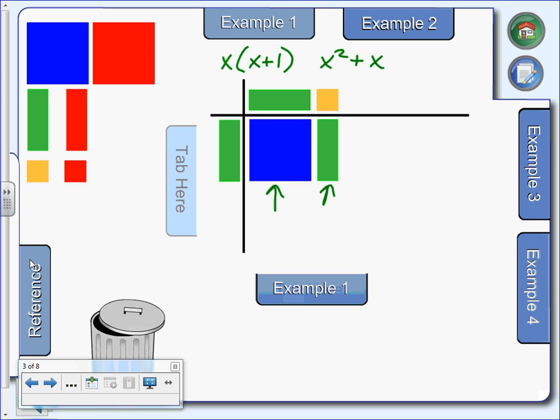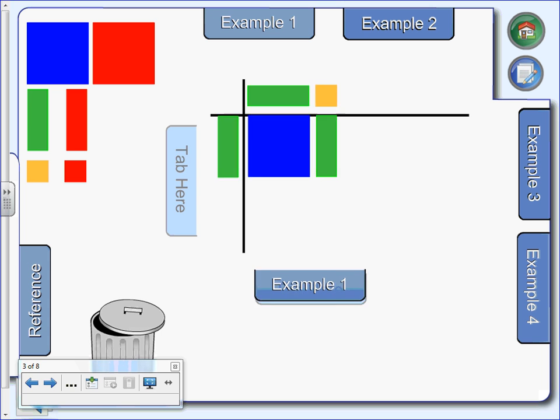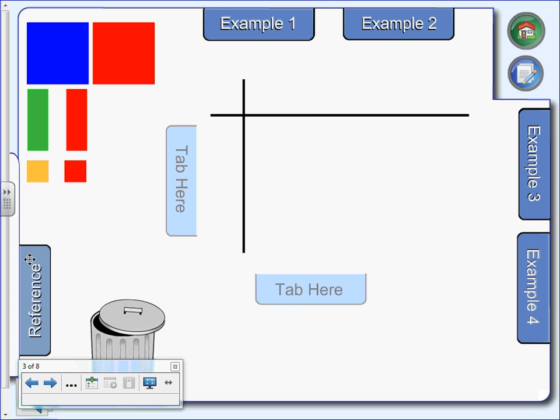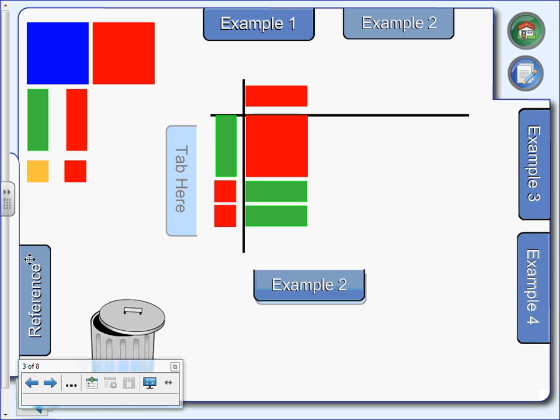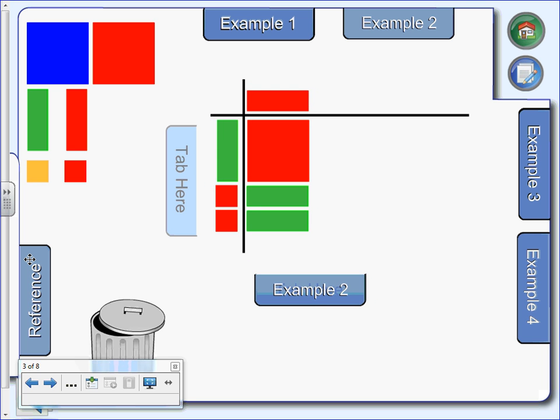I'm going to erase this, and I need to pull down example 2. You have another page on your notes that you can just move on to. So now let's look at example 2. For example 2, I have negative x times x minus 2.